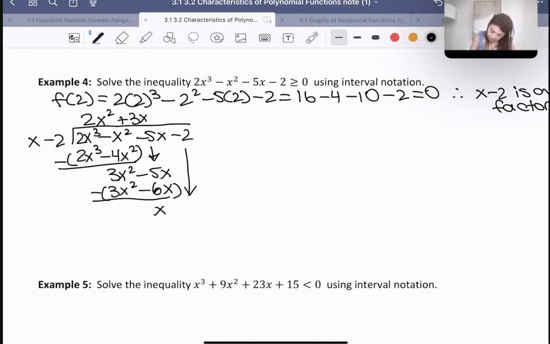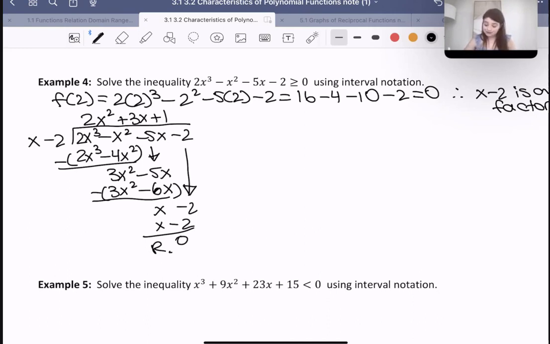And then we're going to bring down the negative 2. How many times does x go into x? Well, 1 time. Then we multiply it out, and we get x minus 2. So remainder is 0. Now, let's say we didn't get remainder 0. That would be a big problem, because that would mean that our remainder theorem answer was not consistent, and we either made a mistake with the division or a mistake after the division.